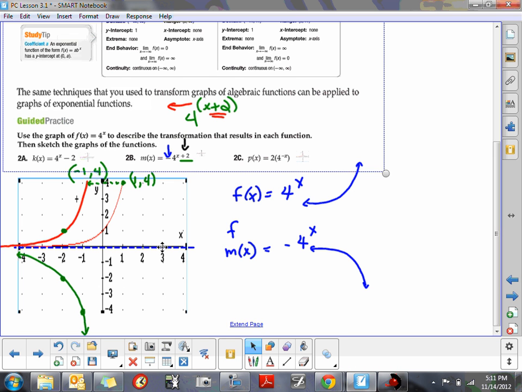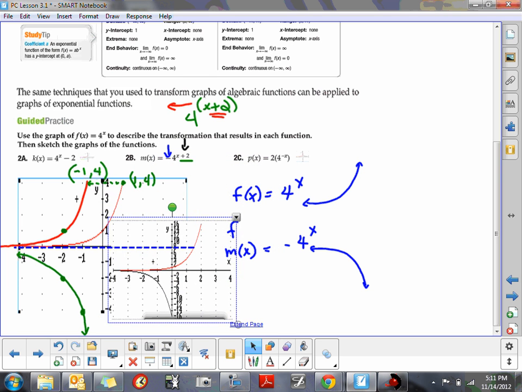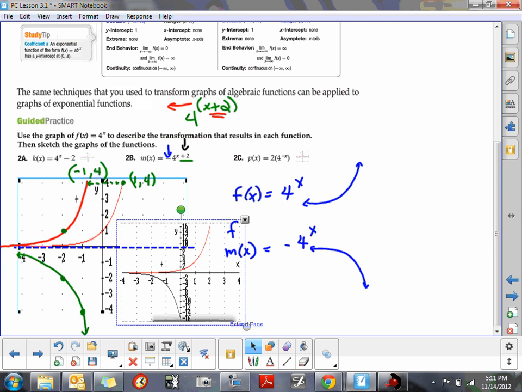Again, I had another graph of this so we could see what it looks like from a graphing calculator perspective, or from the computer. If we go down far enough, our next point is going to be negative 16. I tried to show that because if you put in a 2, 4 raised to the second power is 16. So our parent graph of 4 to the x is 16. If we slide it 2 units to the left, we'll be right over here on the y-axis.